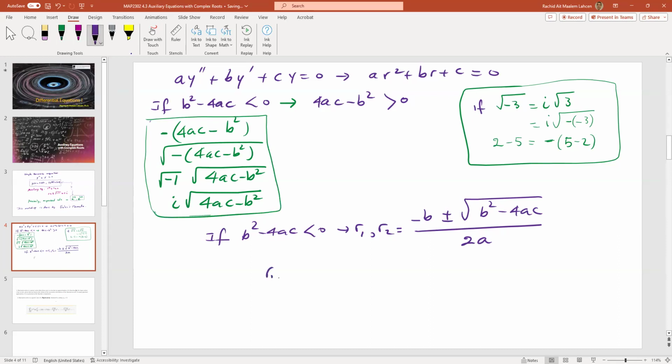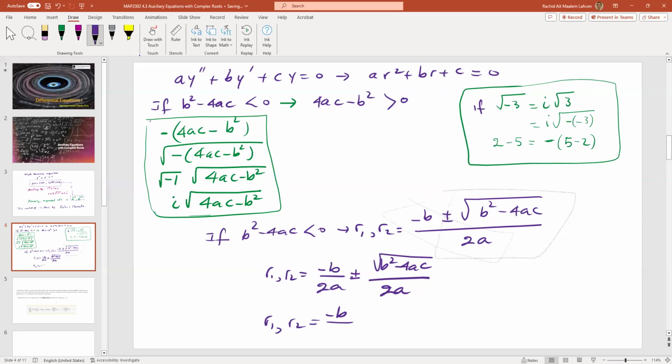All right, so r1 and r2 are negative b over 2a, and we still have a common denominator, so plus minus this here. I will change this to this.